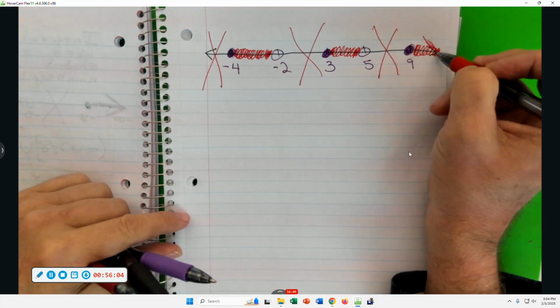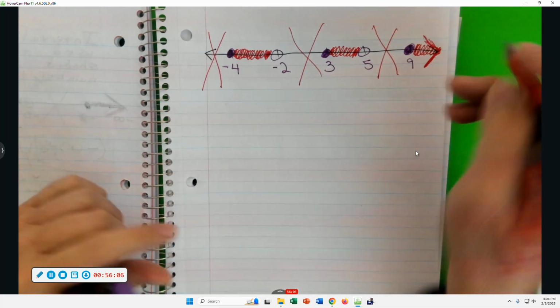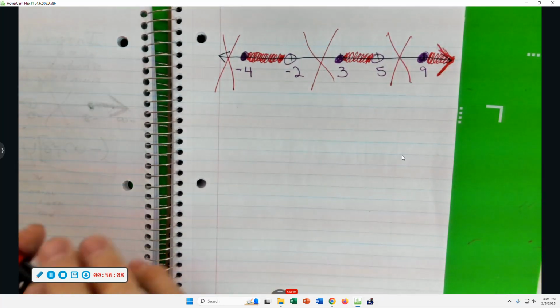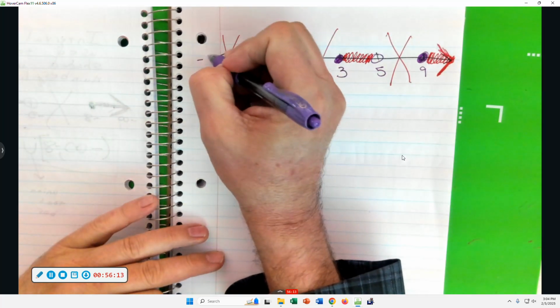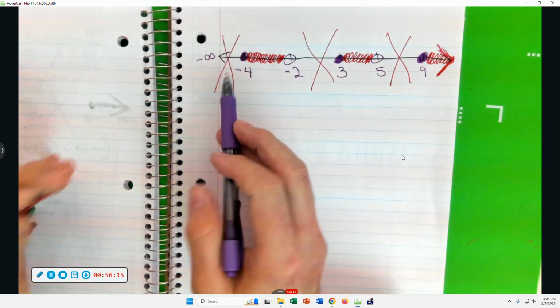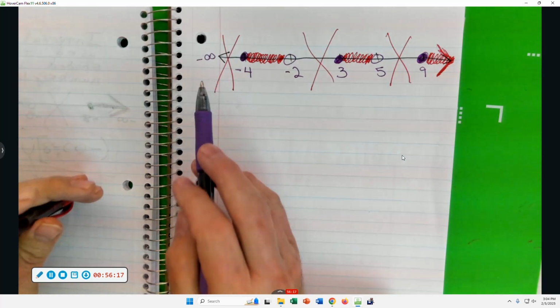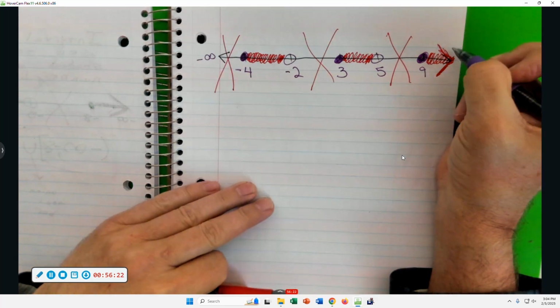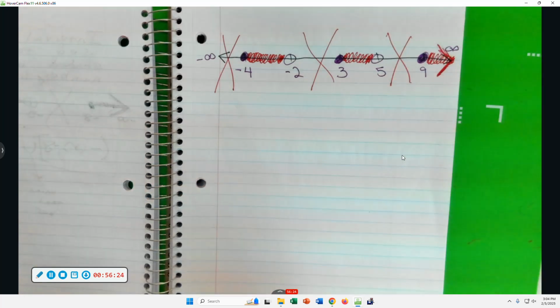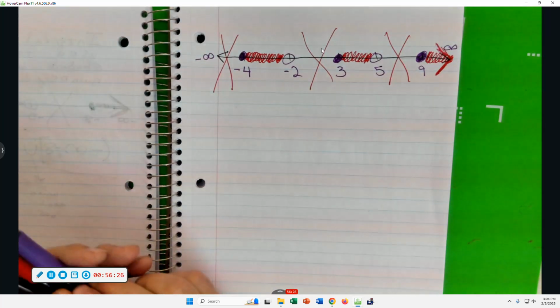Realize that this side of the number line is negative infinity, but it's crossed out, so we're not going to be writing that interval. You only express the intervals that are shaded. Here's the positive infinity. The intervals that are crossed out, we just ignore.